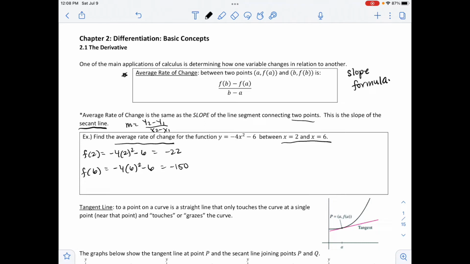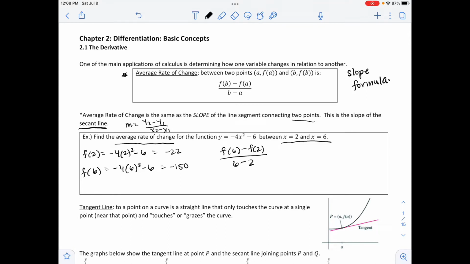And so in order to find this average rate of change, we're going to have f(6) minus f(2) all over 6 minus 2. And again, just like when we worked out slope back in algebra and earlier in this class, it doesn't matter the order, just be consistent. It would also be the same if you did f(2) minus f(6) over 2 minus 6.